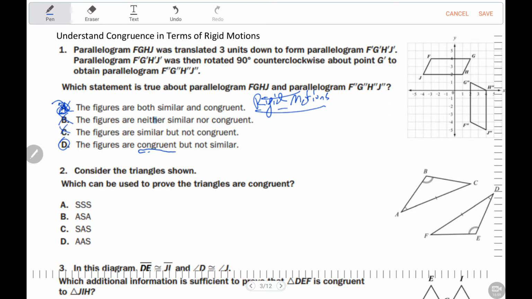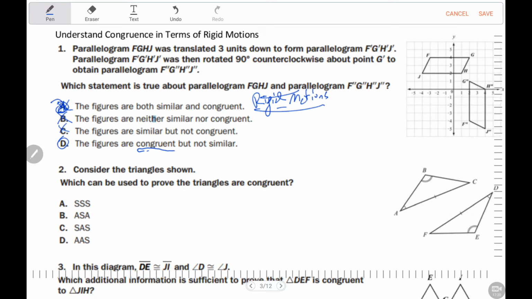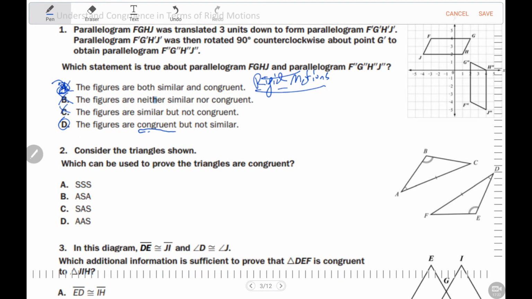When you say congruent, it means all sides and angles are the same. If you say similar, then your angles are the same, but you're not the same size. So congruent kind of includes similar, and you can just be specific and say congruent.